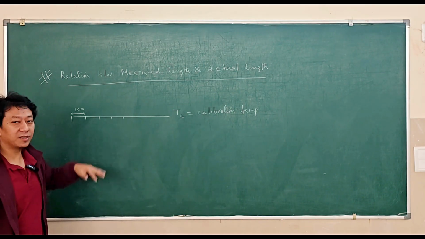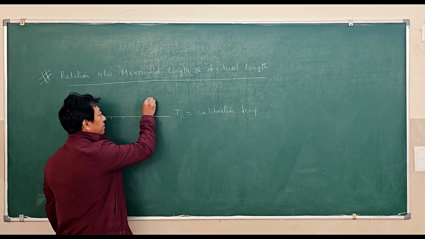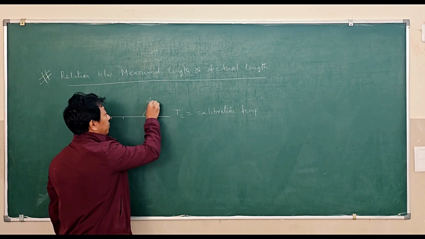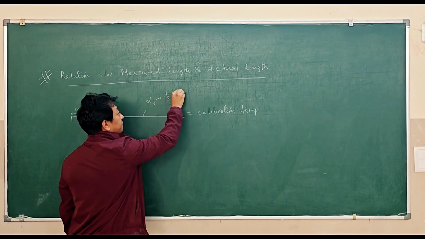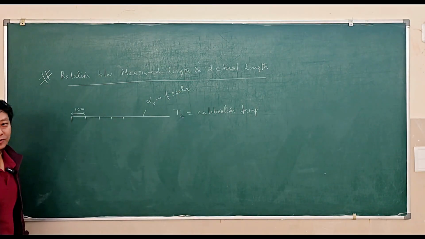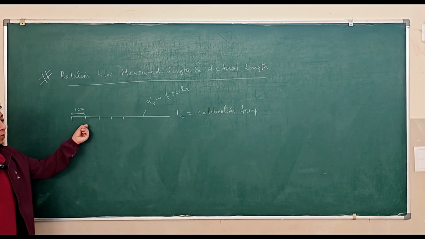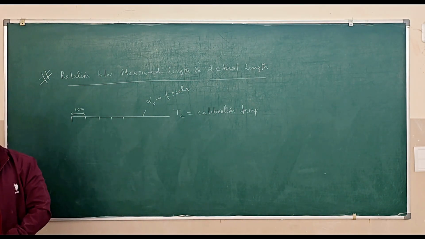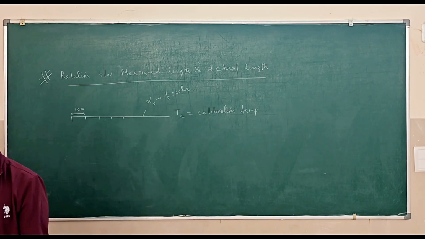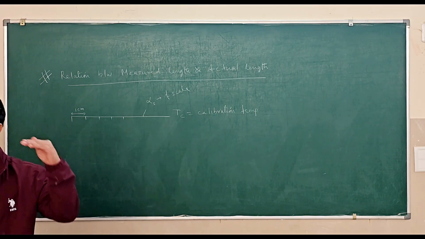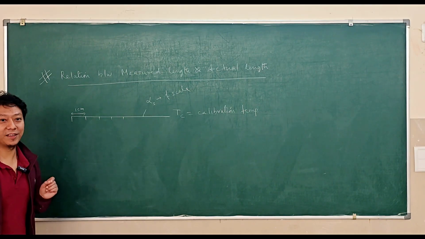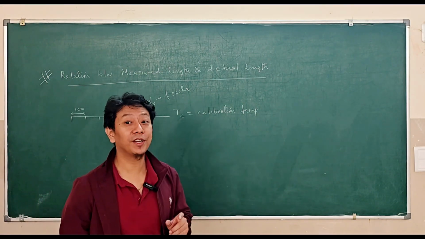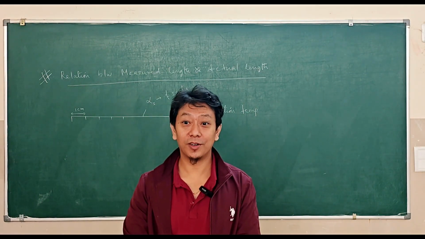Now you brought this, still it is a scale, so it will have some alpha. So this alpha is alpha of the scale. Now, you brought this scale in Chennai. From flight you came. Now in Chennai, the temperature is 40 degree.